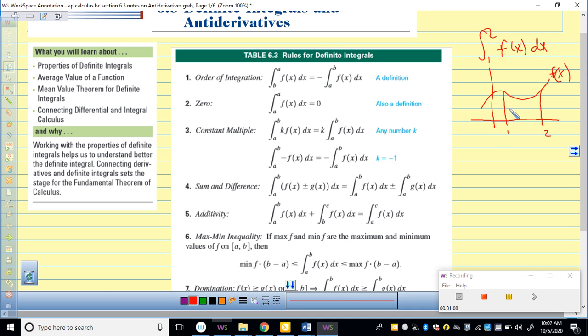Okay, so that means the area starting at 1 and moving to 2, the area between the curve and the x-axis. So there's a bunch of properties that we can talk about quickly.